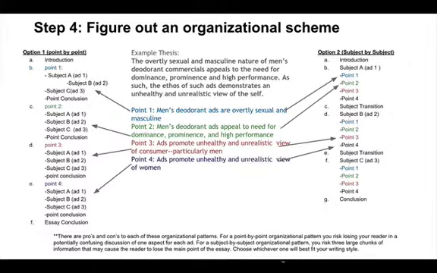You want to explain to your reader why, for example, why are you starting with men's deodorant ads being sexual and masculine? You don't have to do it directly. You don't have to say, I am beginning with men's deodorant ads that are overtly sexual and masculine because of A, B, and C. But your point needs to be strong enough that it deserves to go at the beginning.